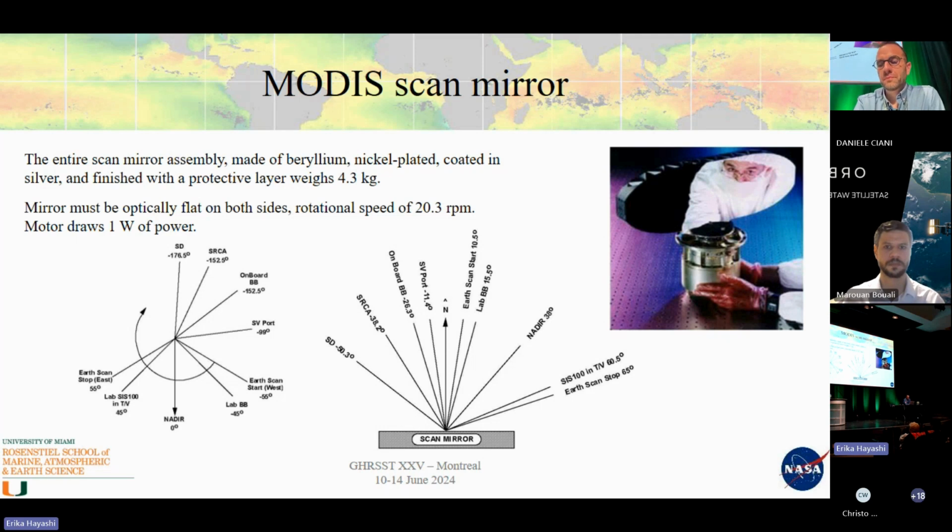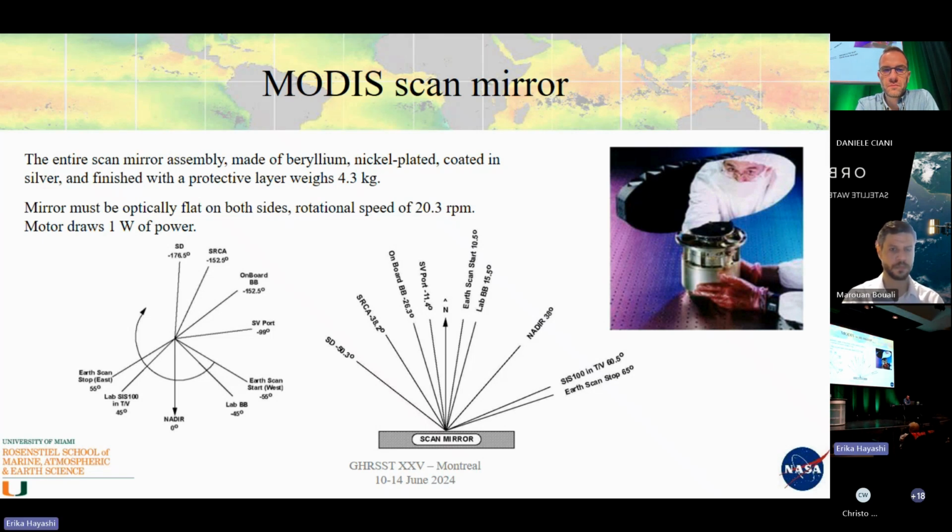And the scan mirror, the incident angle on the scan mirror of emission from the Earth view at nadir is at 38 degrees to normal. The start of the scan of the Earth view starts at 10 degrees, ends at 65 degrees.